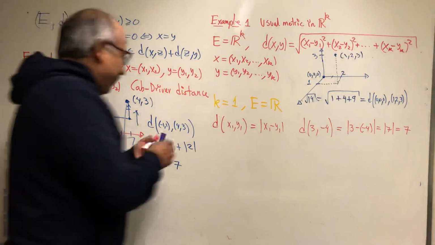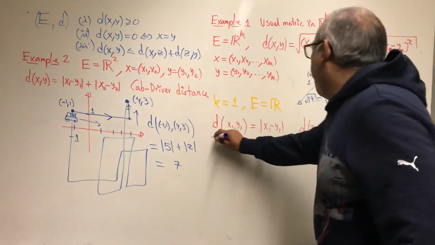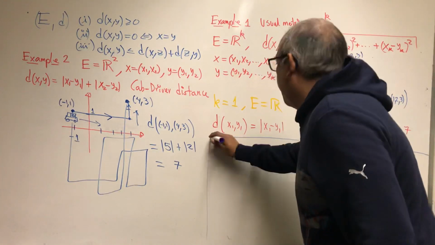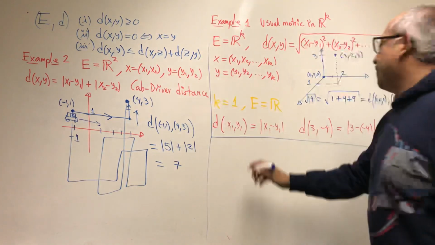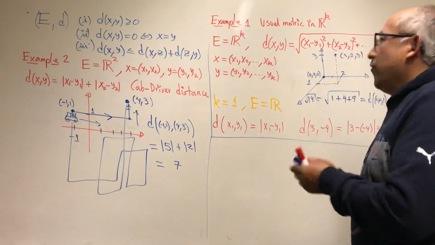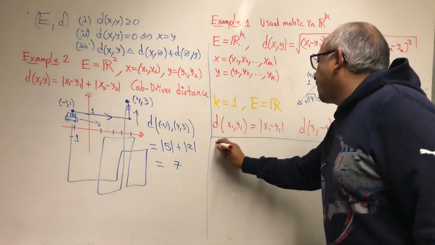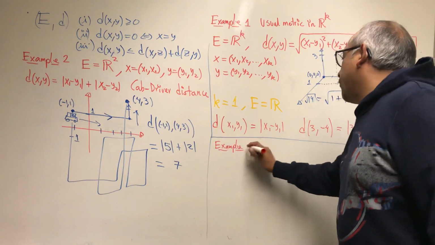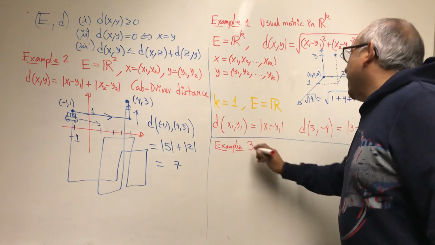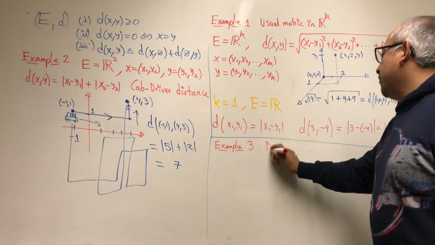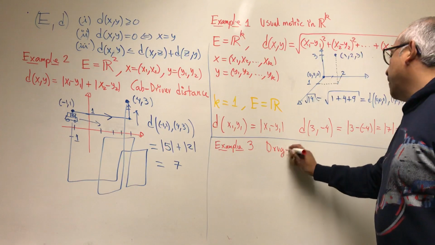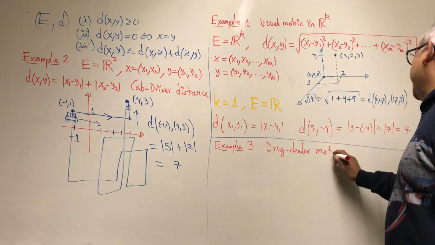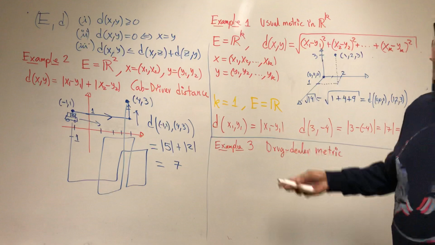Let me give you another example. That's example number 3, and that's called the drug dealer metric or distance. Someone told me about this distance.